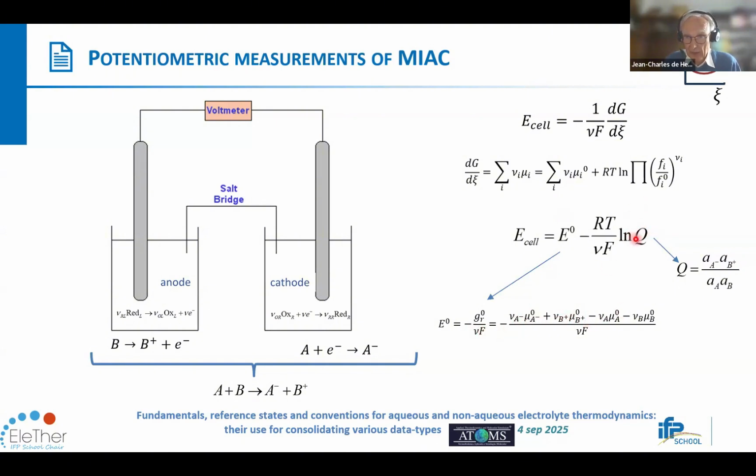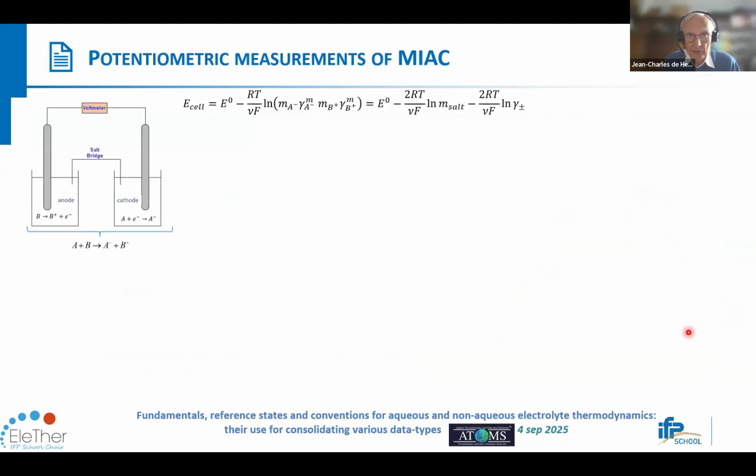And this Q here is the product of the activities within the solution. The activities of the metals are one, because the metals are generally in the solid state, which means that at the end we end up with an equation that looks like this.